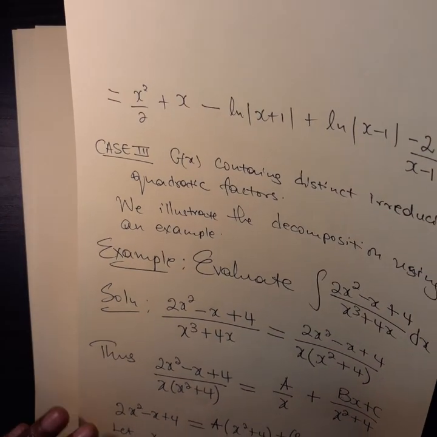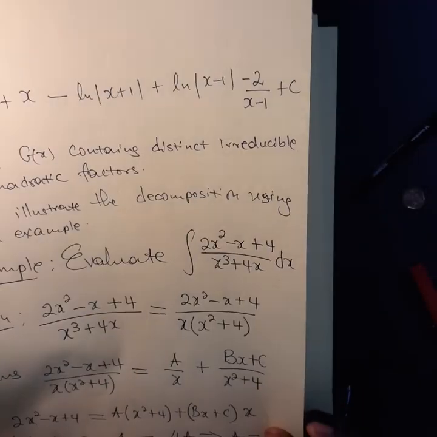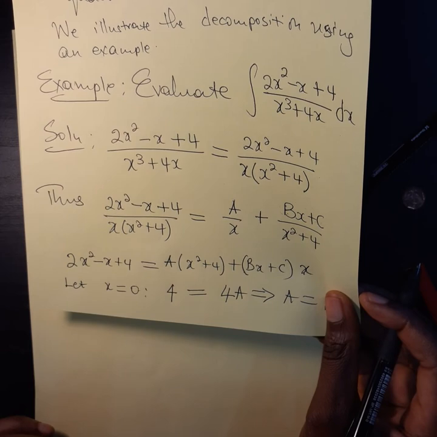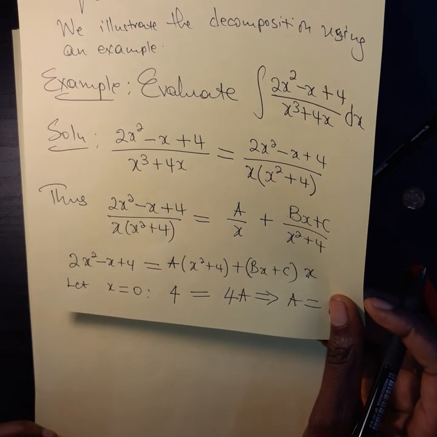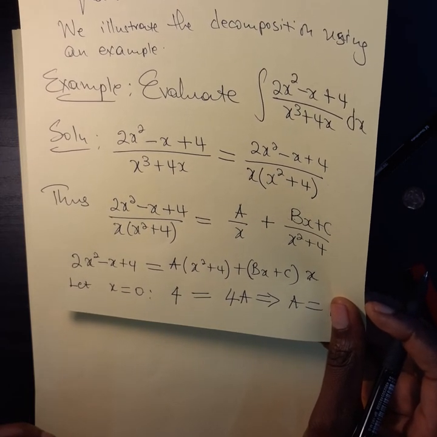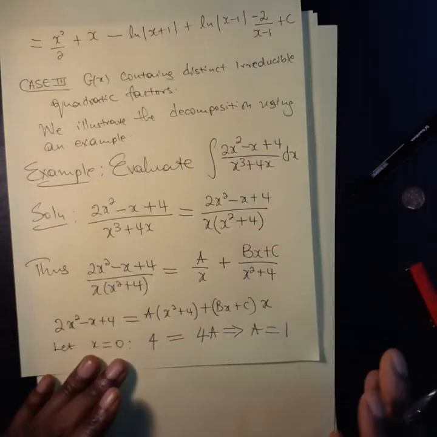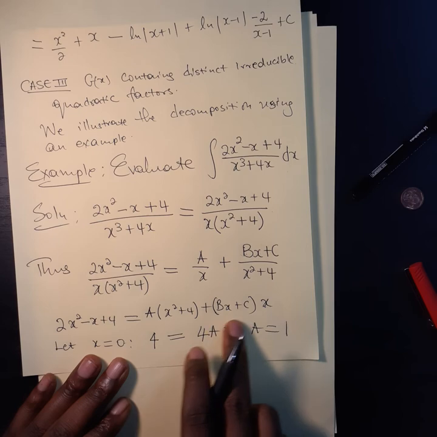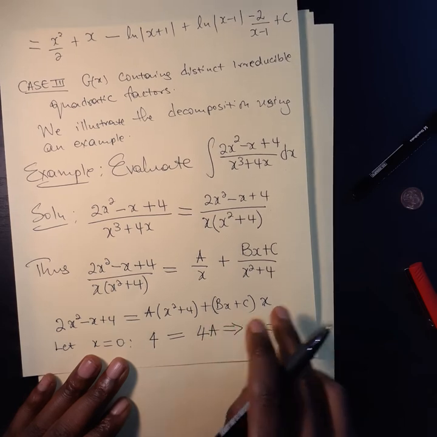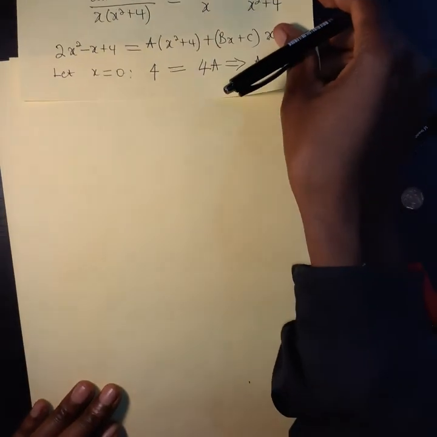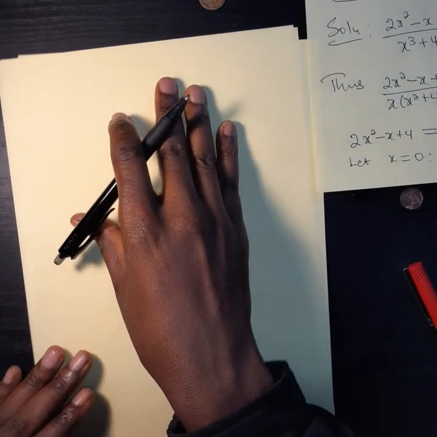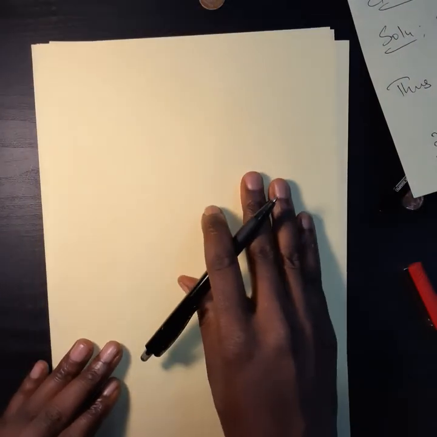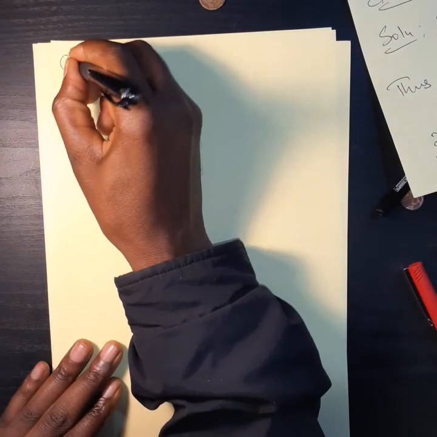And then from there, we want to find b and c, and then we realize that we can no longer use elimination here, so we compare the coefficients.